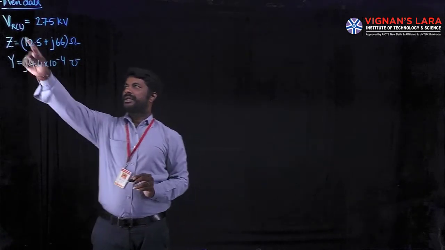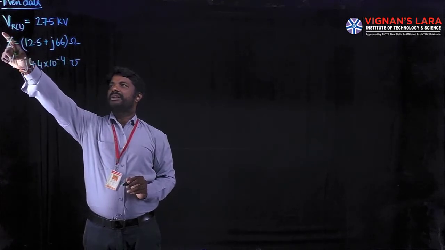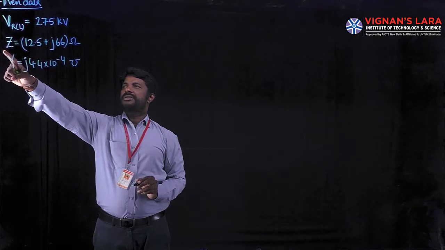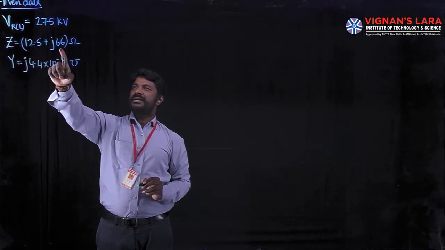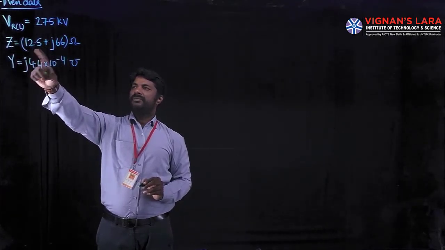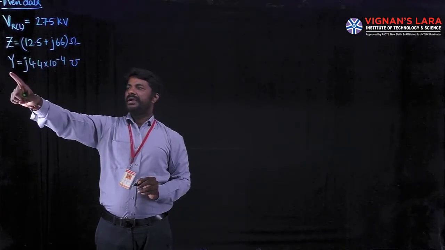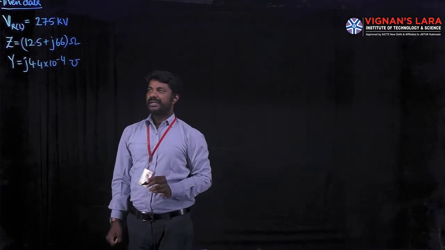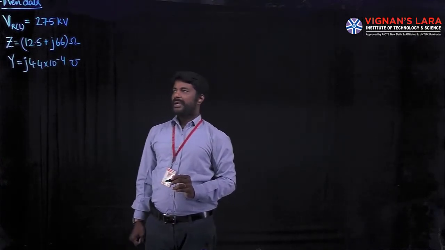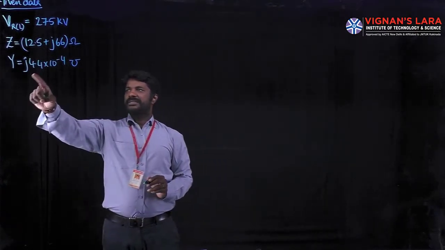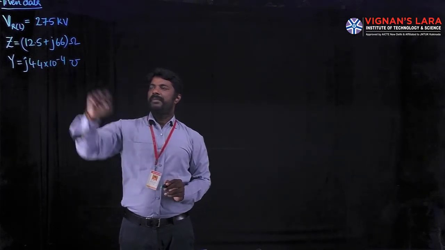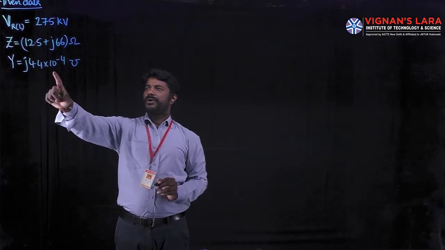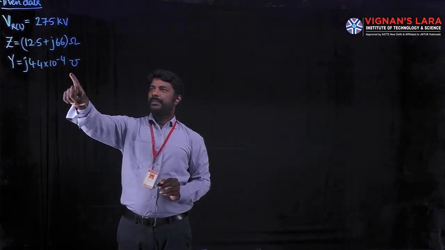So in the given data, the line value on the receiving end side was given 275 kV, and series impedance, which forms with resistance and inductance, as 12.5 plus j66. And admittance was given with shunt conductance neglected, that is 0, and capacitive susceptance as 4.4 into 10 power minus 4. In other words, you can write this capital Y as 4.4 into 10 power minus 4 at an angle plus 90.